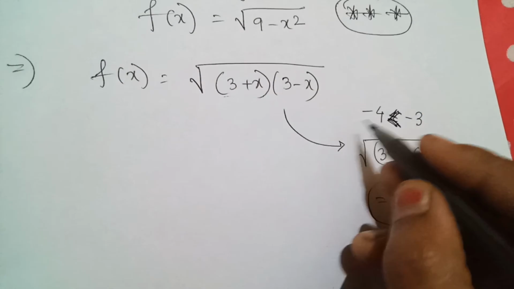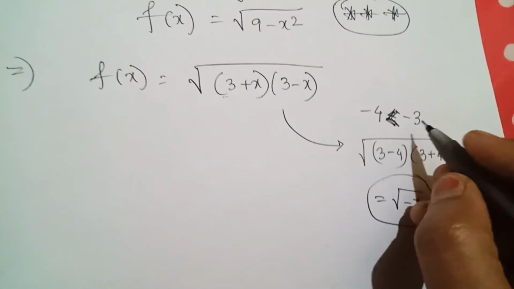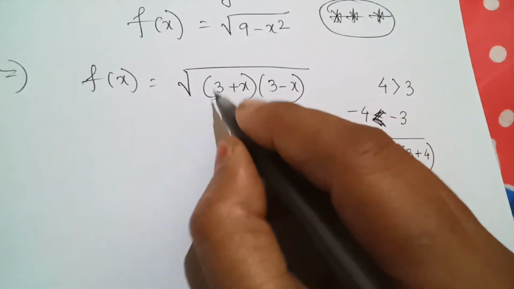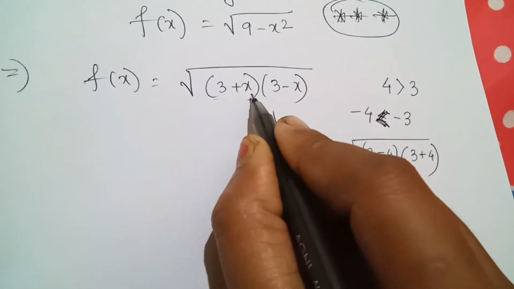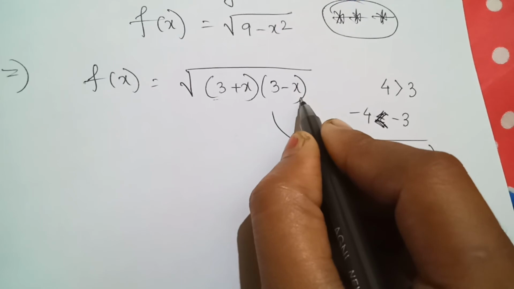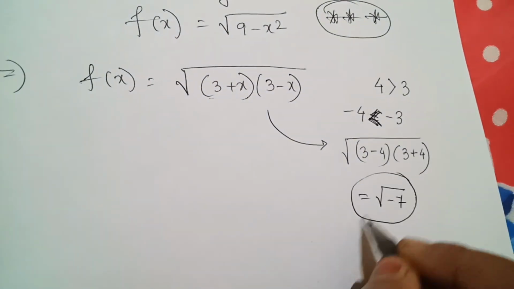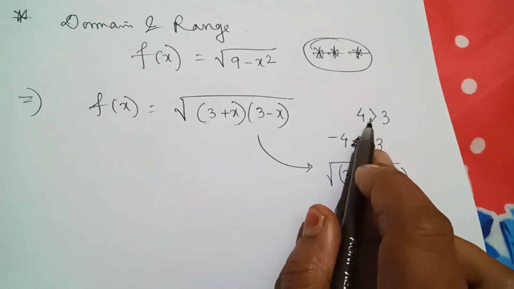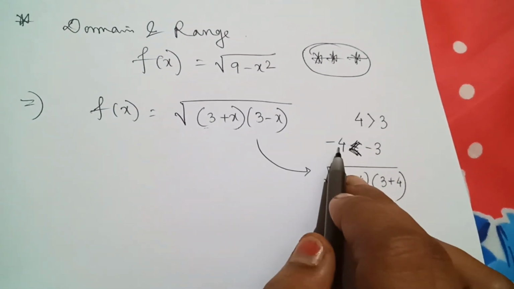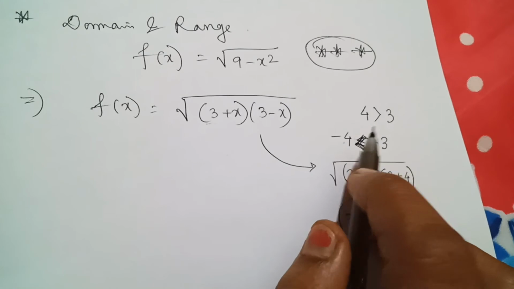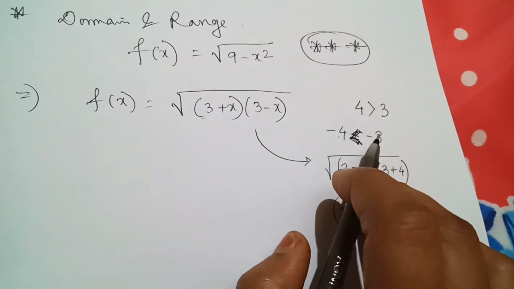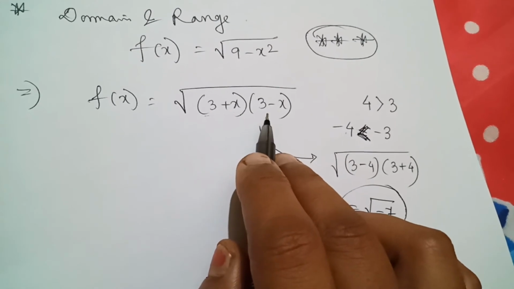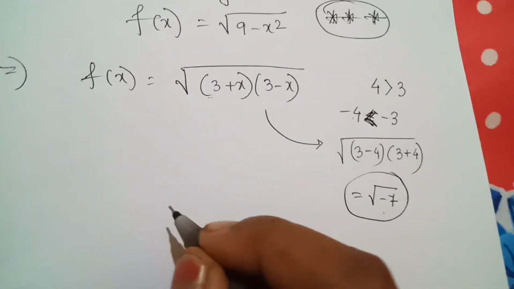Similarly, if we take any number more than 3, like 4, then 3 plus 4 is 7, and 3 minus 4 is -1, again negative, root over of -7. You take anything in place of 4, you can take 5 here, anything. But in both cases you will get root of a negative number, which will not be a real number.